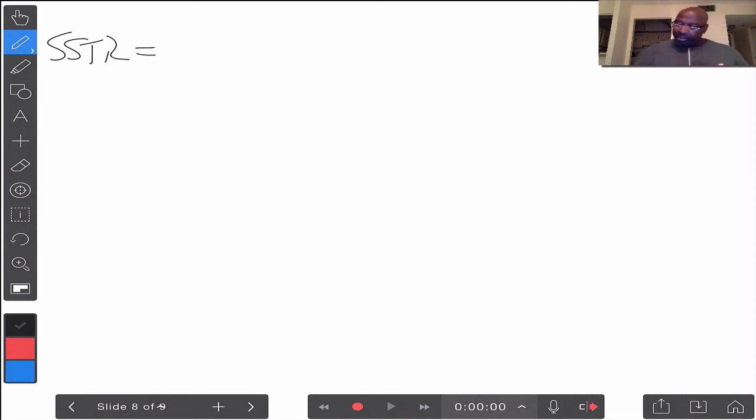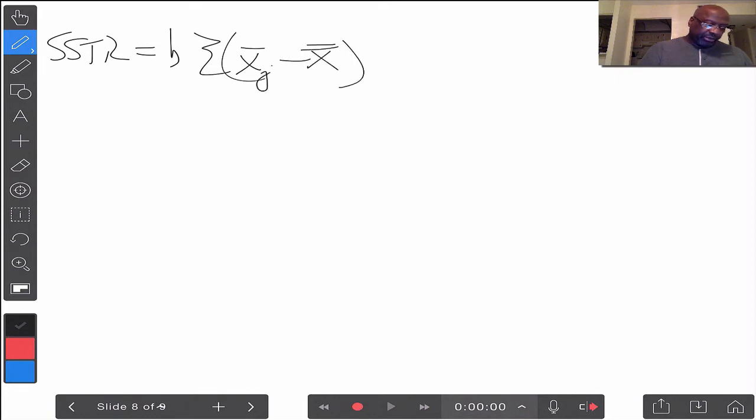Remember we said the sum of squares due to the treatments would be B multiplied by the sum of X bar j minus X double bar squared. We just remove the B because it's the same for each term.